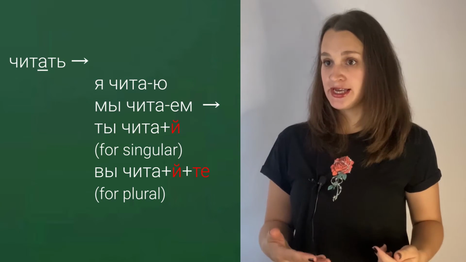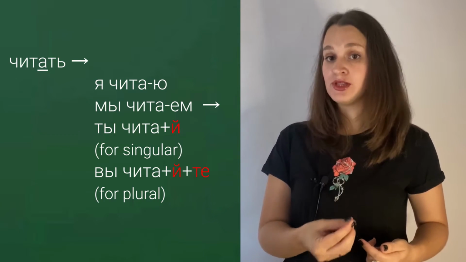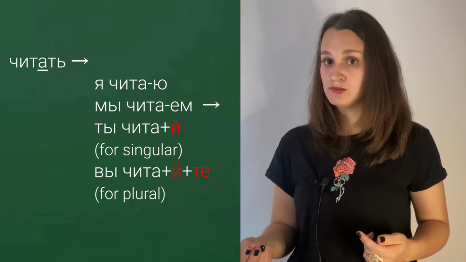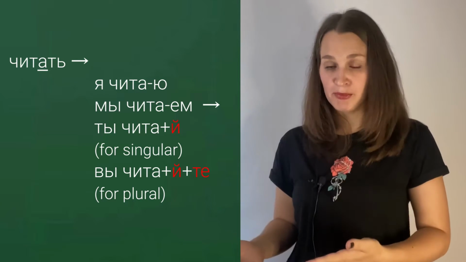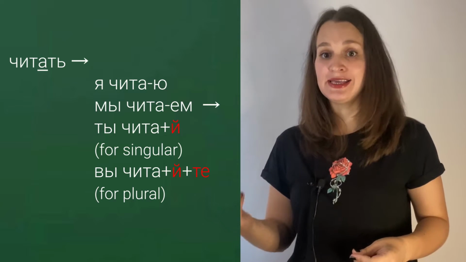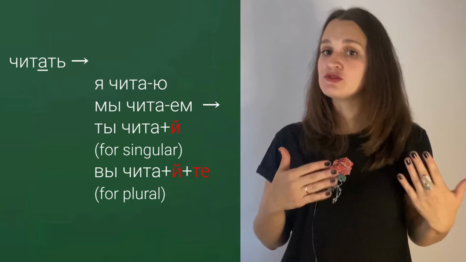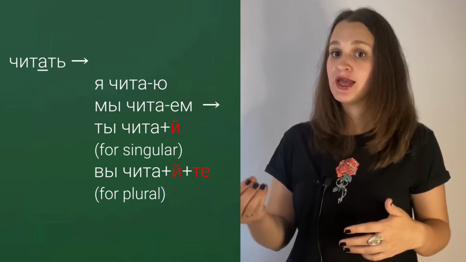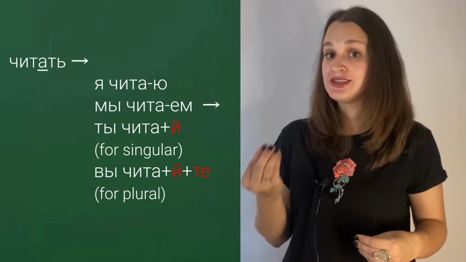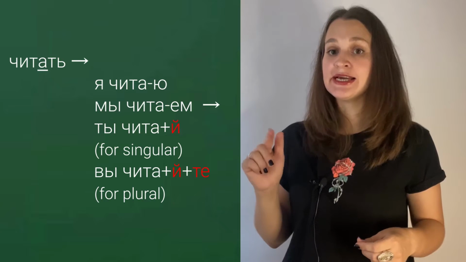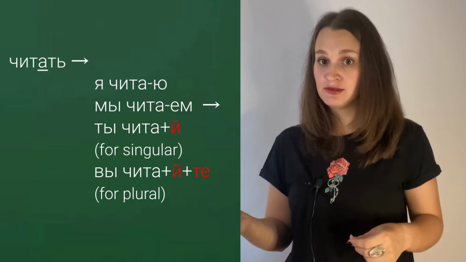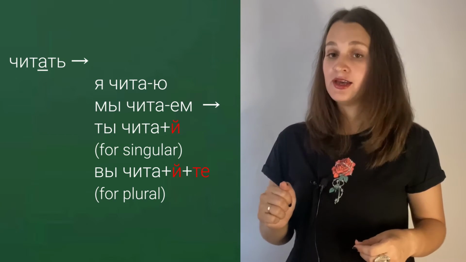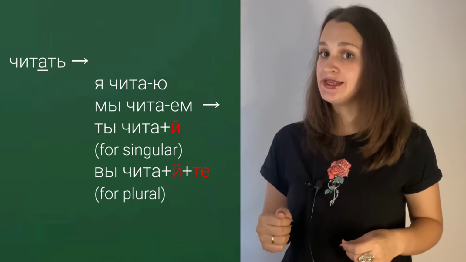In the present tense, the form for я will be читаю. The form for мы will be читаем. And if we throw away the endings, we see that the stem ends on a vowel, чита. That's why we will add й. Читай, ты читай, and вы читайте.